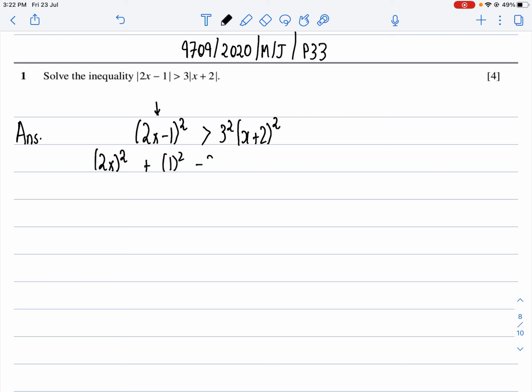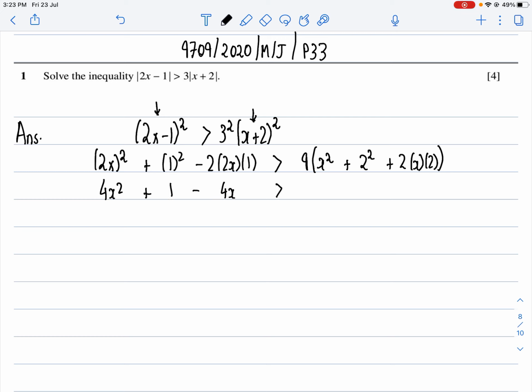So I can write this as 4x square plus 1 minus 4x, which is more than 9 into x square plus 4 plus 4x. Now I can write this as 4x square minus 4x plus 1, which is more than 9x square plus 36 plus 36x, since 9 into 4 gives me 36 and 9 into 4x gives me 36x.